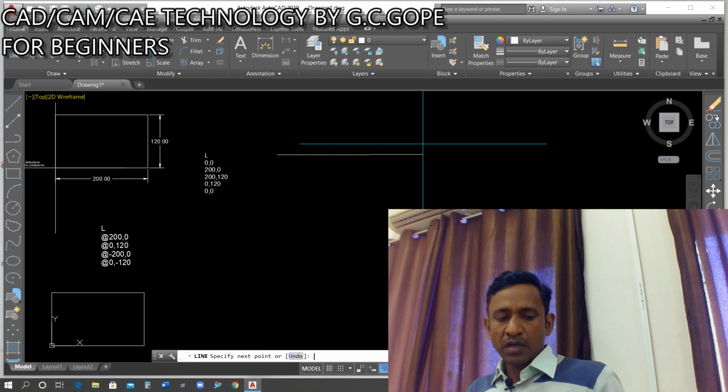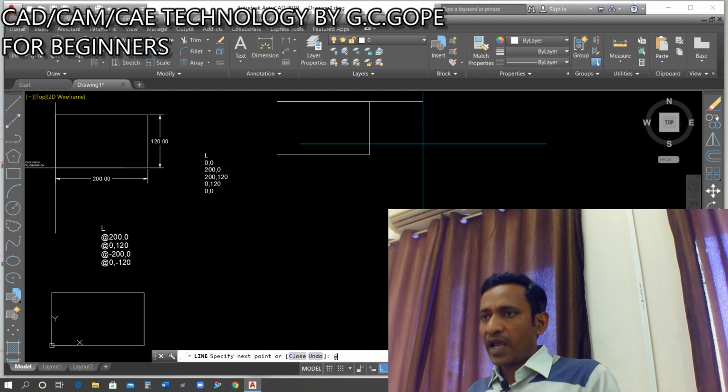See, now again shift plus 2, at the rate. In x direction will be 0, y will be 120. Now again shift plus 2, at the rate, in x direction how much? It will be minus 200 comma 0. Enter. Now again shift plus 2, at the rate, x will be 0 and y will be minus 120.